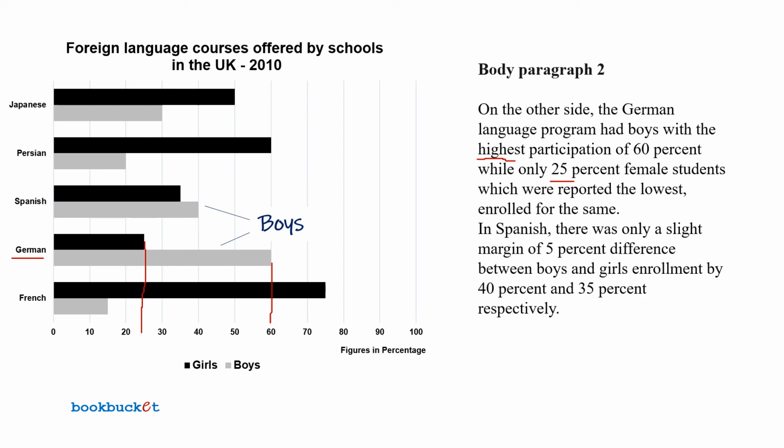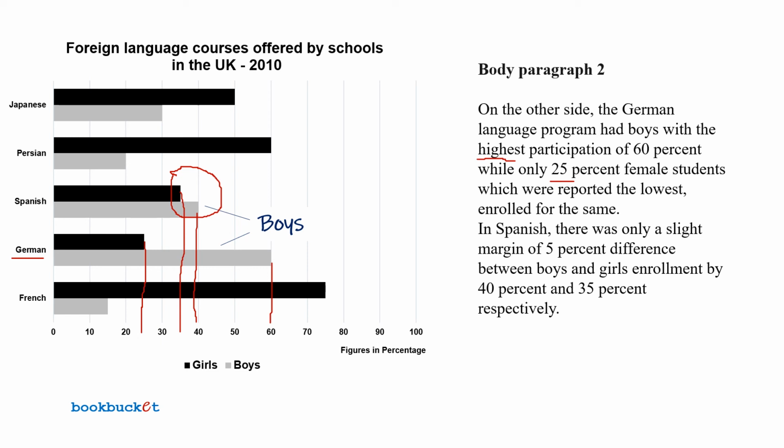Let's move on. In Spanish, okay, the second point is the Spanish language. Okay, in Spanish, there was only a slight margin of 5% difference between boys and girls. This is something we noted earlier, and we understood it in the overview. The outstanding point is that this is only a marginal difference. Still, the difference is 5% between boys and girls, which is 40% and 35% respectively.